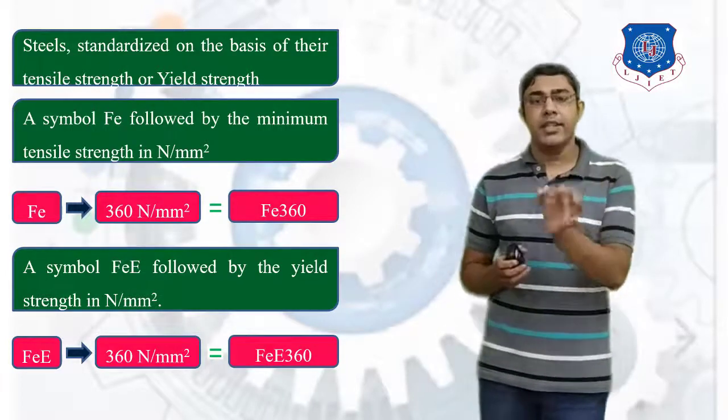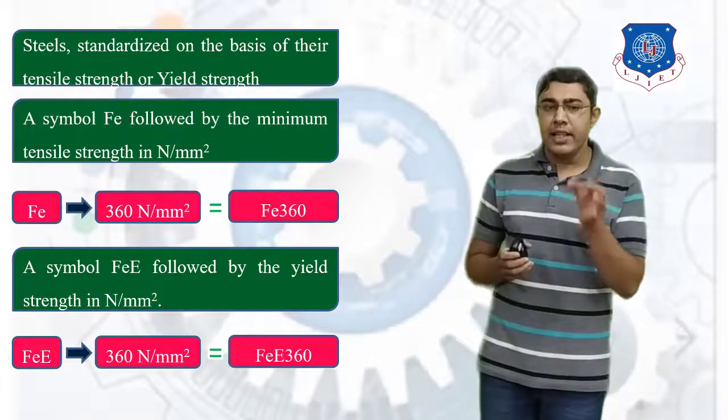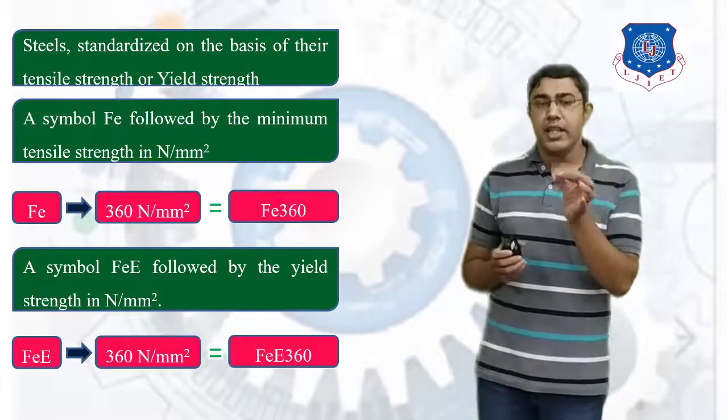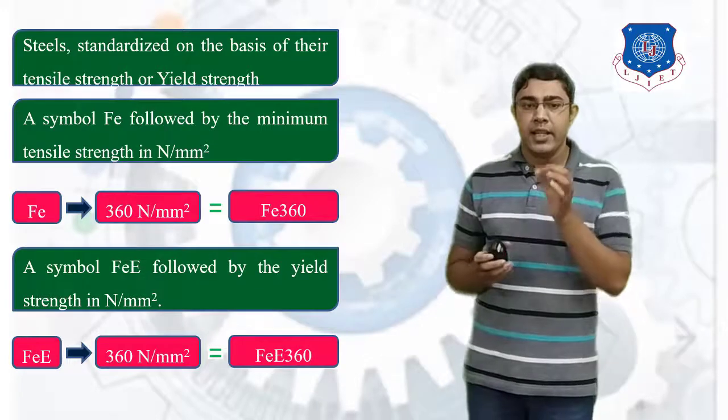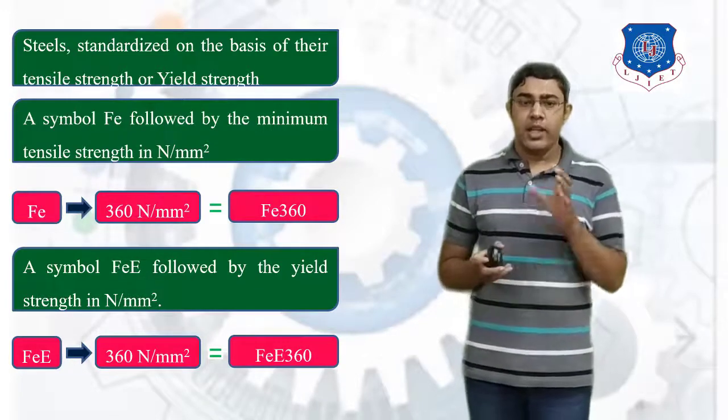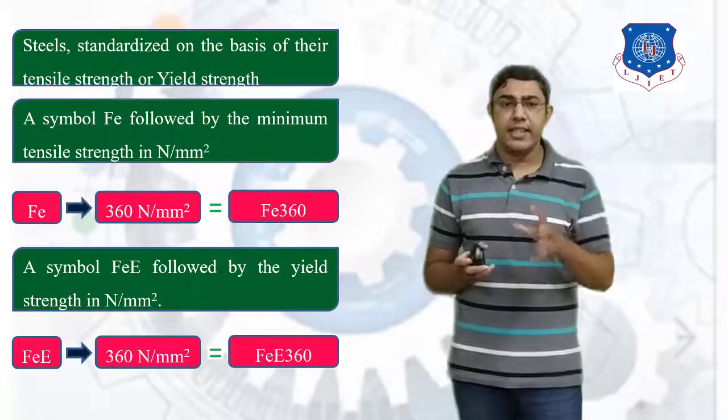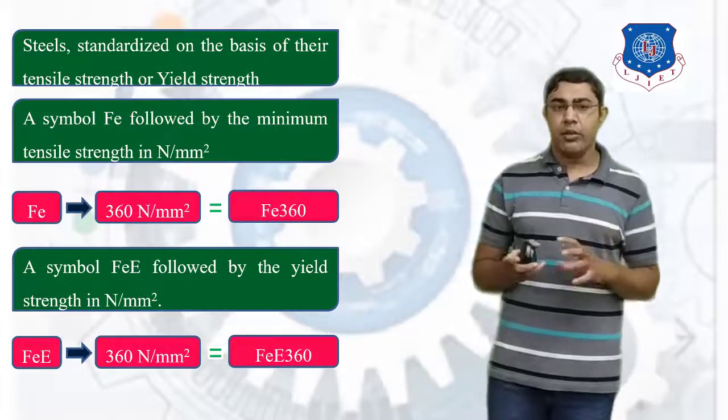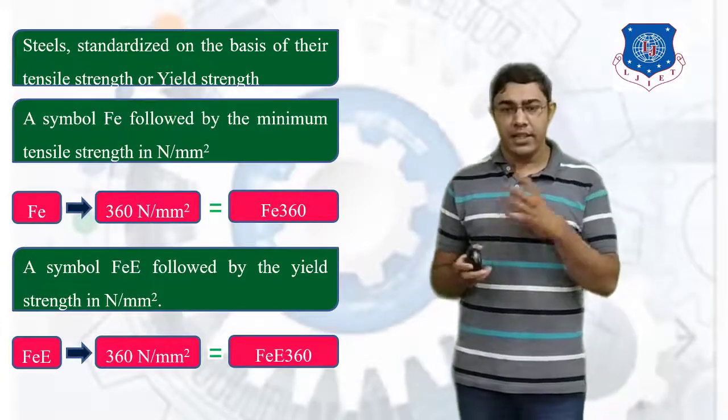So Fe 360 means what? A steel with 360 Newton per mm square yield strength. In this way the steel is designated according to the tensile strength and the yield strength.